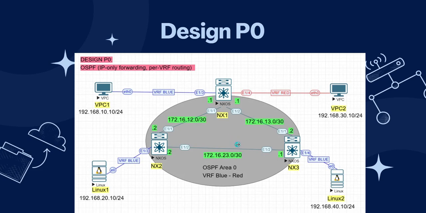We also use MTR, and we can see how much the packet loss is and how much the jitter is between these two networks. We also verified that VRF red cannot communicate with VRF blue. So even though they use the same resources, they do not conflict.